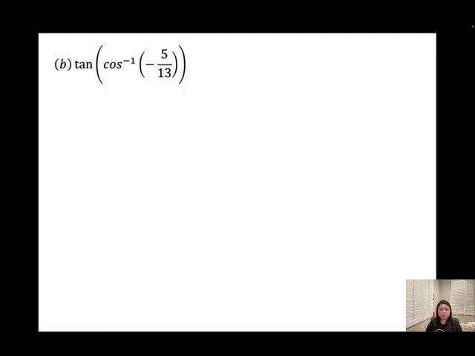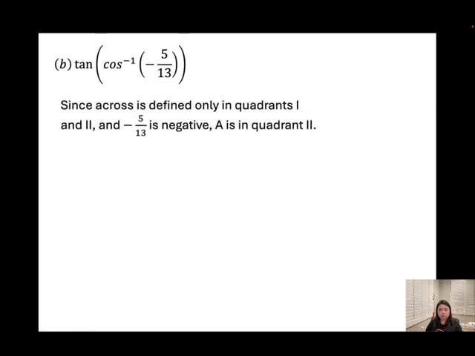B, tangent of cosine inverse of negative 5 over 13. So think about it. What is the range of the inverse cosine? That is from 0 to pi, right? So quadrant 1 and quadrant 2. And then cosine has to be negative. So you know the angle has to be in quadrant 2.